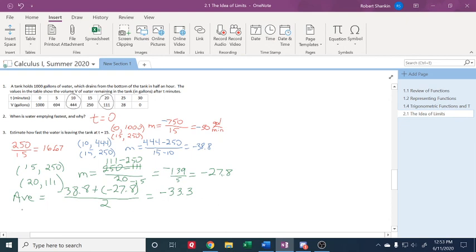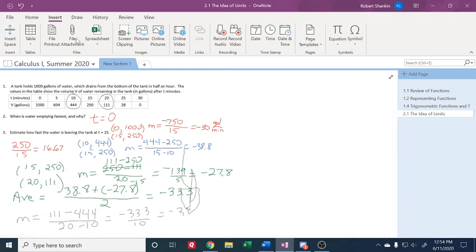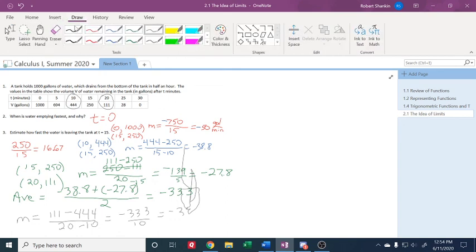And then I'm going to get the slope equals the second one, 111, minus the first one, 444, over 20 minus 10, which is negative 333 over 10, which is negative 33.3. And you will always get the same answer.